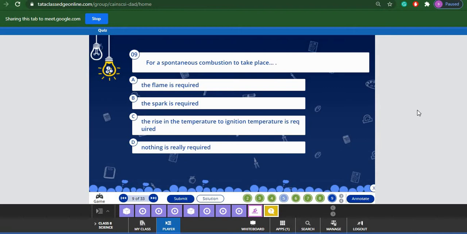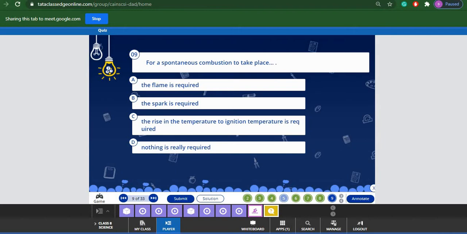Now this one, question number 9. For a spontaneous combustion to take place, four options are mentioned here. Which one will be the right answer? Please tell me. You know this thing.